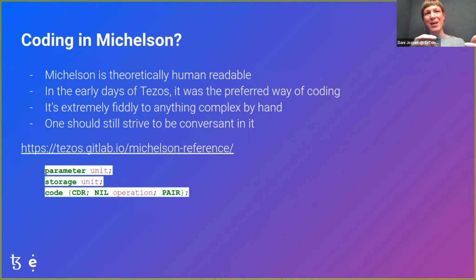So now the stack has 2 things. It has an empty list of operations and the old storage, which is empty type. And then PAIR means to take the top 2 entries on the stack and combine them into a tuple. And of course, the top of the stack after ending the run is the return value, which is the storage type and a list of operations, which is exactly what we want out of this.